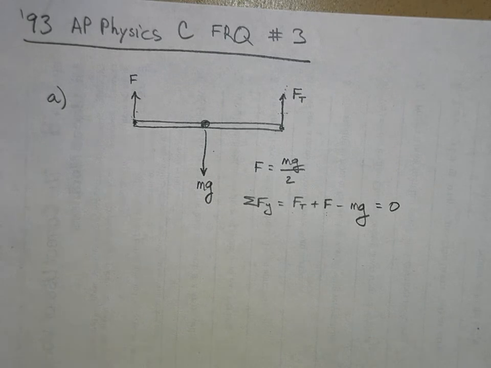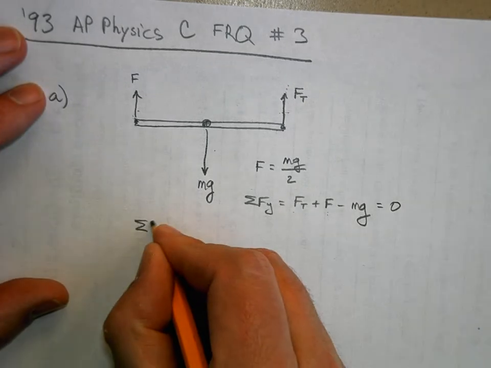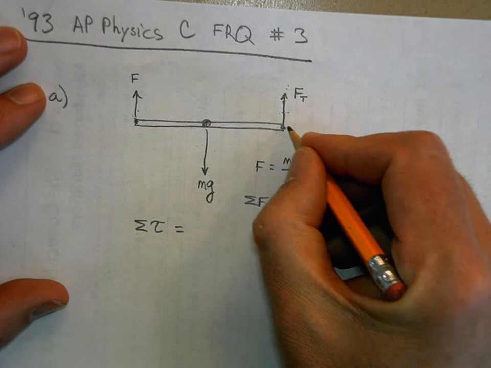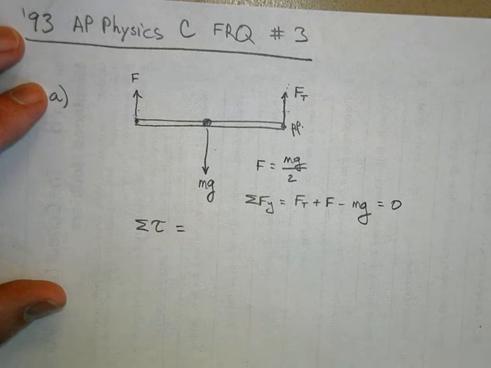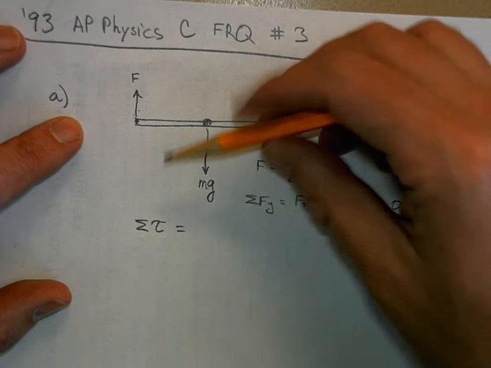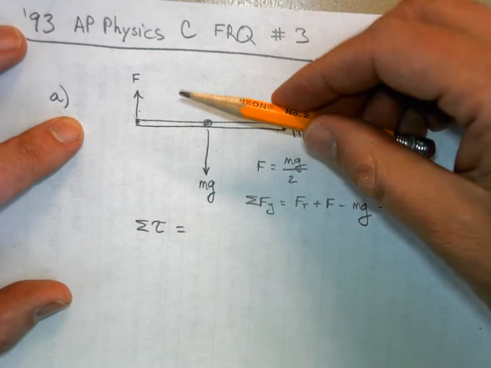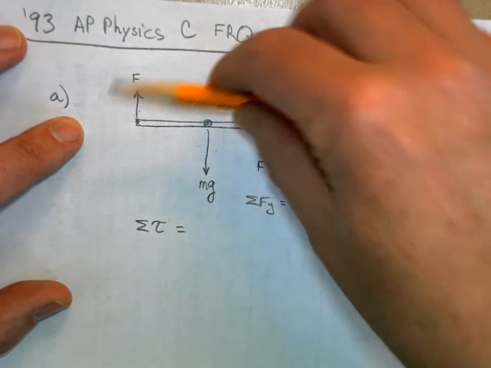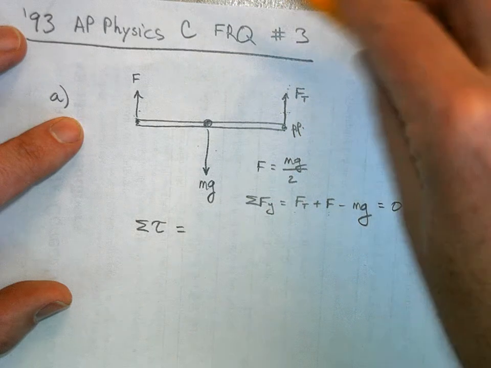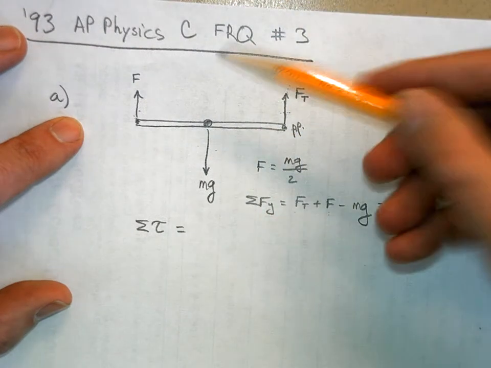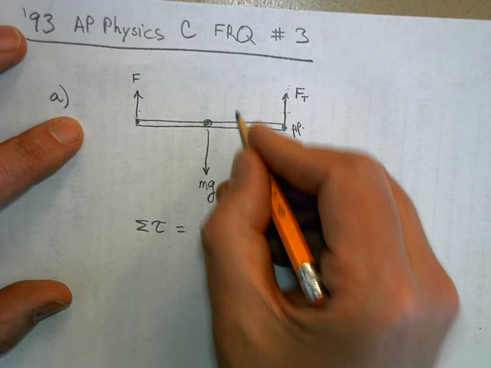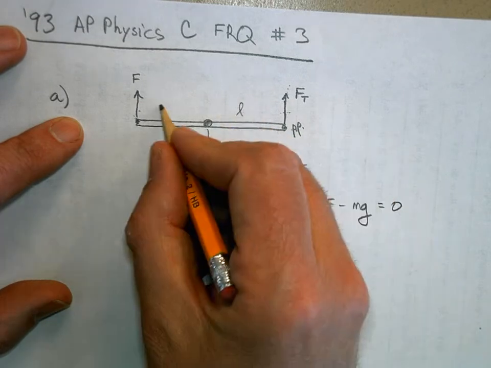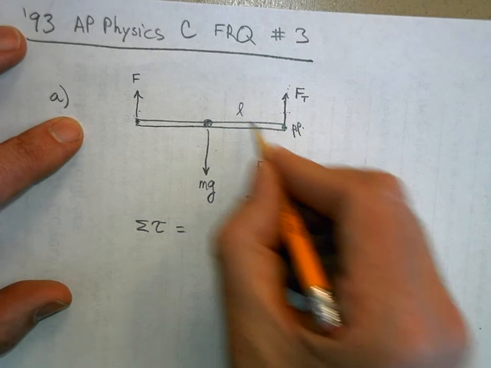All right, so if I sum the torque about this point right here, I'll put the pivot point right there. We'll say a clockwise torque is negative, a counterclockwise torque is positive. So if this is L from here to here, this is L over 2 from here to here.